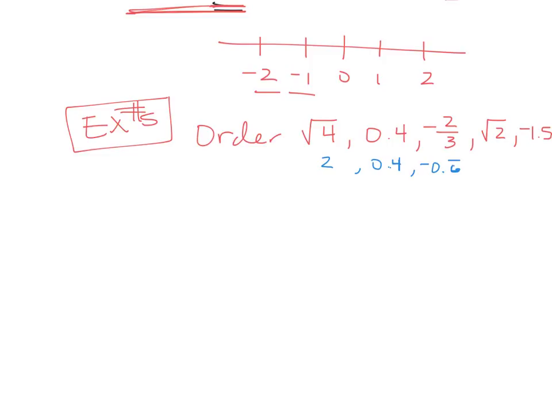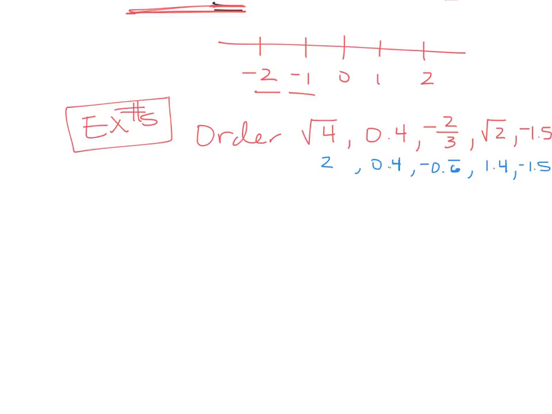The square root of 2 is what? We'll say 1.4 for now because that is a big enough difference from anything else. Okay, and then this one is a negative 1.5.